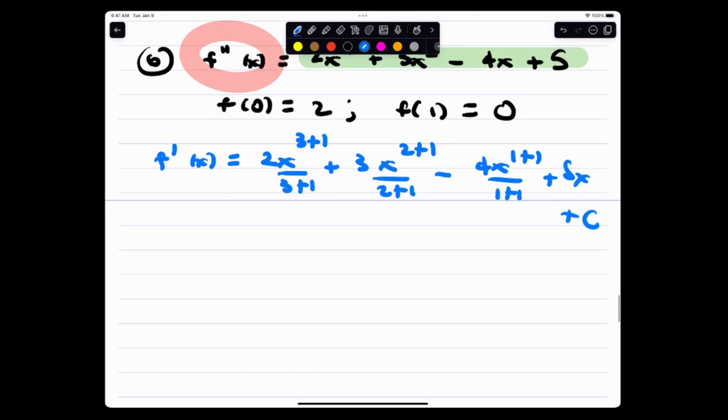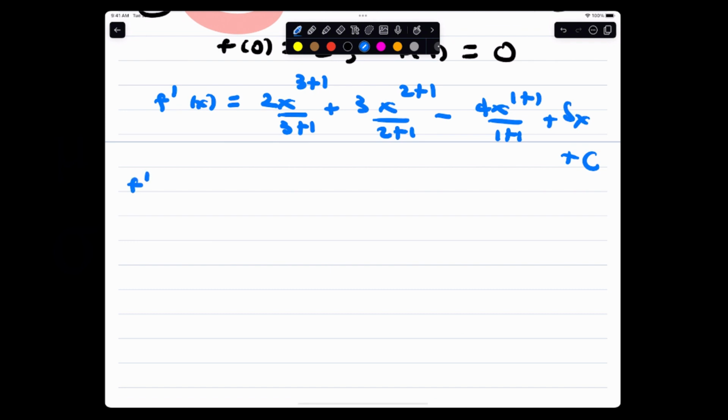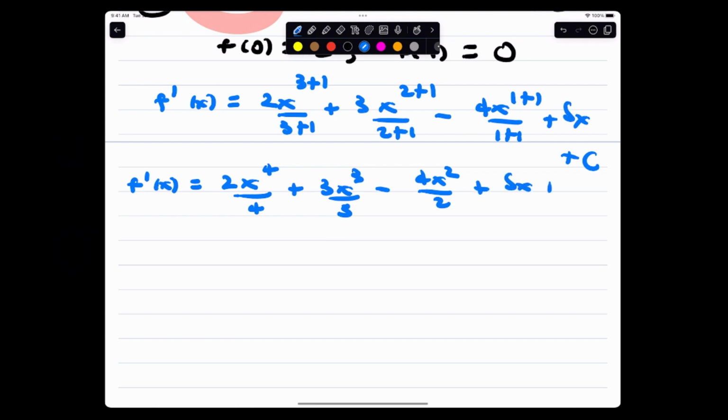plus a c. So this derivative will be 2x to the fourth over 4 plus 3x cubed over 3, minus 4x squared over 2, plus 5x plus a constant c.